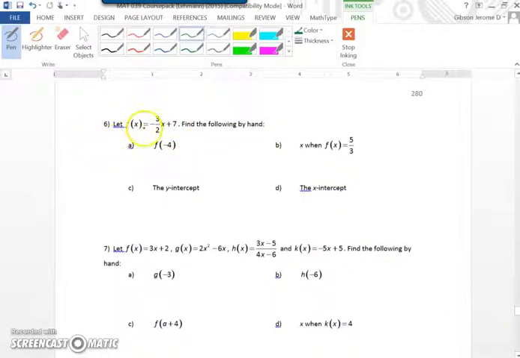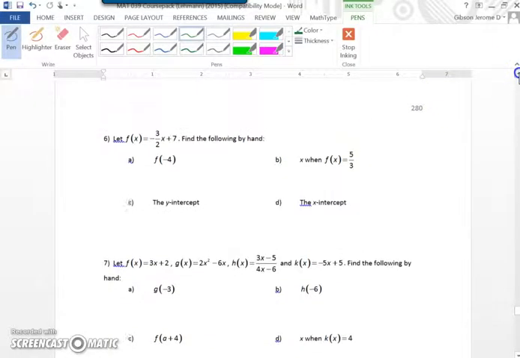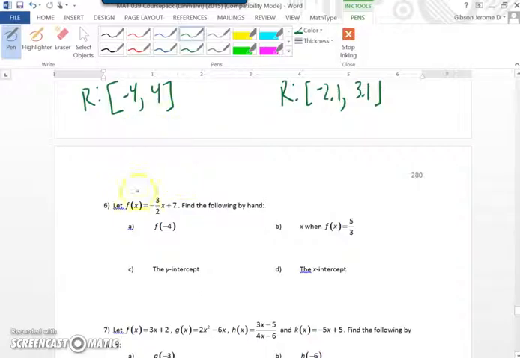Now, number 6, it said let f of x equal -3/2 x plus 7. Find the following by hand. Just because of space, I'm going to use some of this clear space up here. So f of -4 is equal to -3/2 times -4, because we would substitute in -4 wherever x appears, plus 7.